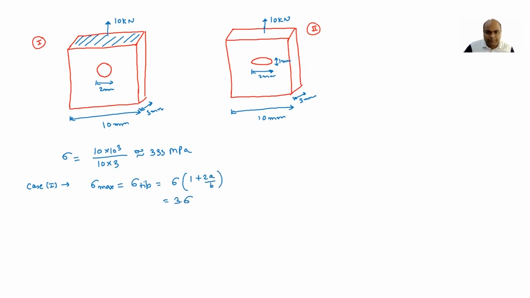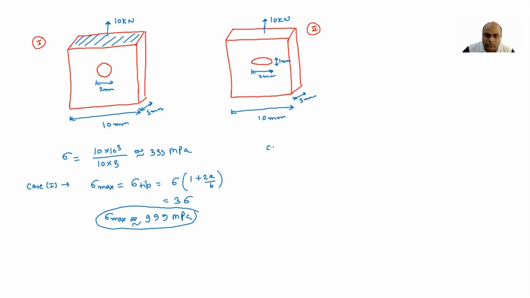We have discussed this. So sigma max in this plate 1 is going to be approximately 999 MPa. In this whole plate 1, the maximum stress you are going to observe is 999, and that is going to happen at the tip of the circular hole.